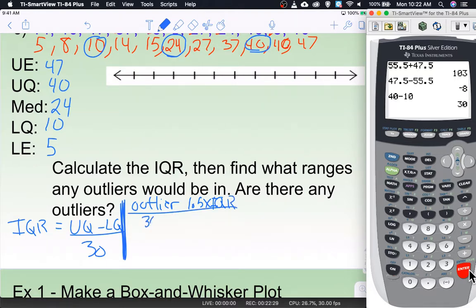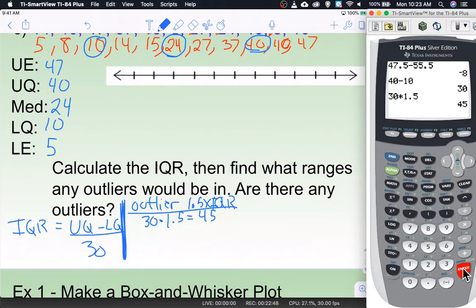So 30 times 1.5 is 45. So if something is 45 units away from the median, it's considered an outlier.